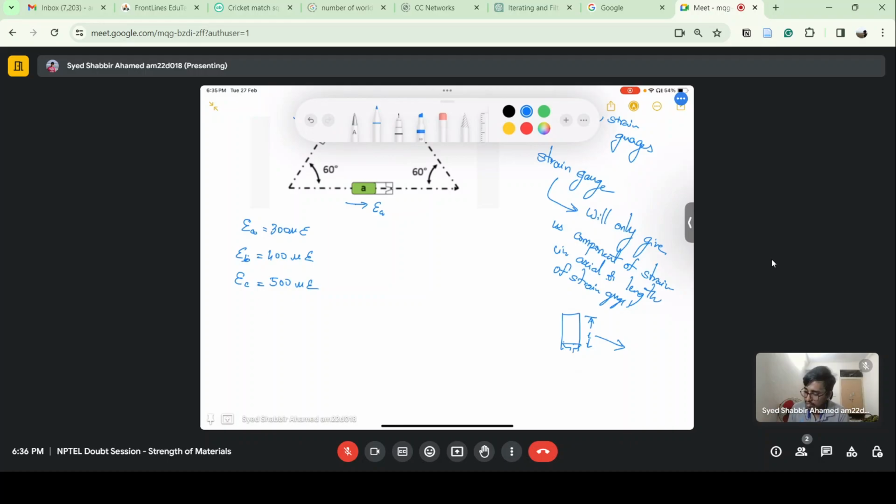So we now want the state of strain in the rectangular coordinate system, which is epsilon xx, epsilon yy, and epsilon xy. As you know, epsilon xy is half of gamma xy.